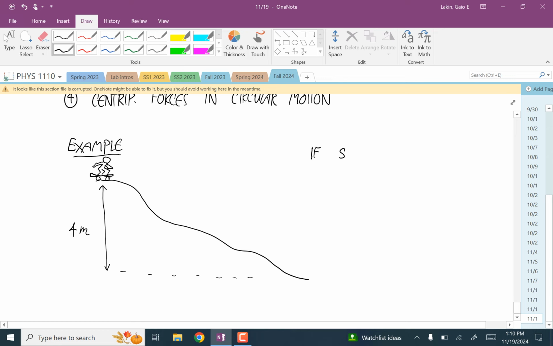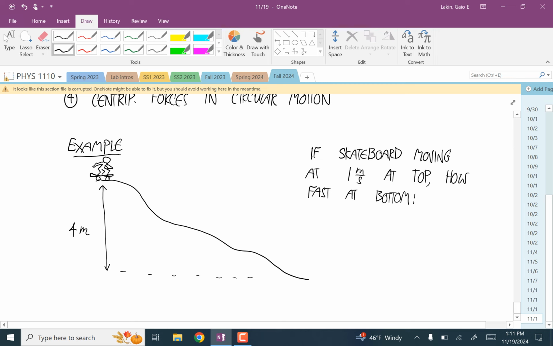If the skateboard is moving at 1 meter per second at the top of the hill, how fast is it moving at the bottom? Okay, I'm going to choose my height equals 0 location to be at the bottom of the hill. So that's what I'm going to measure all my heights from.